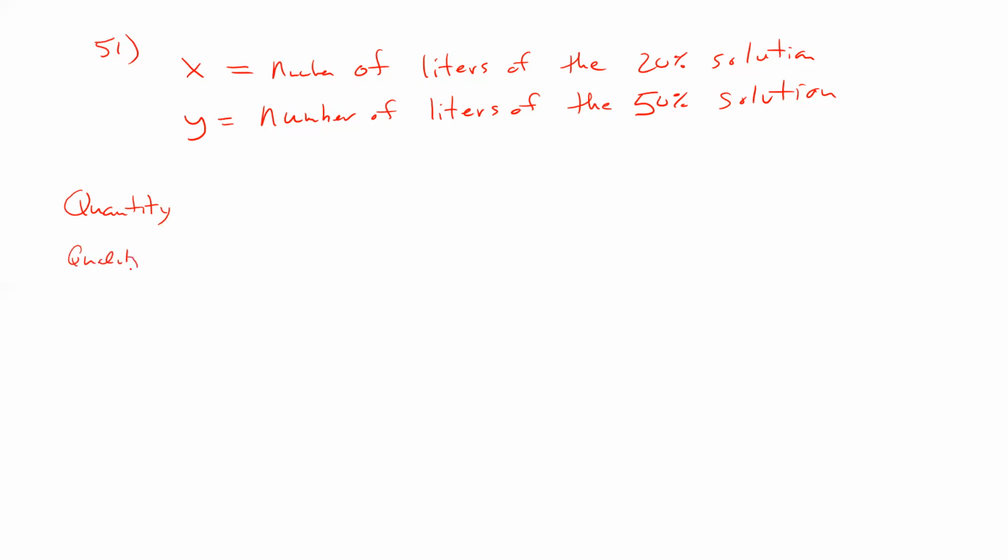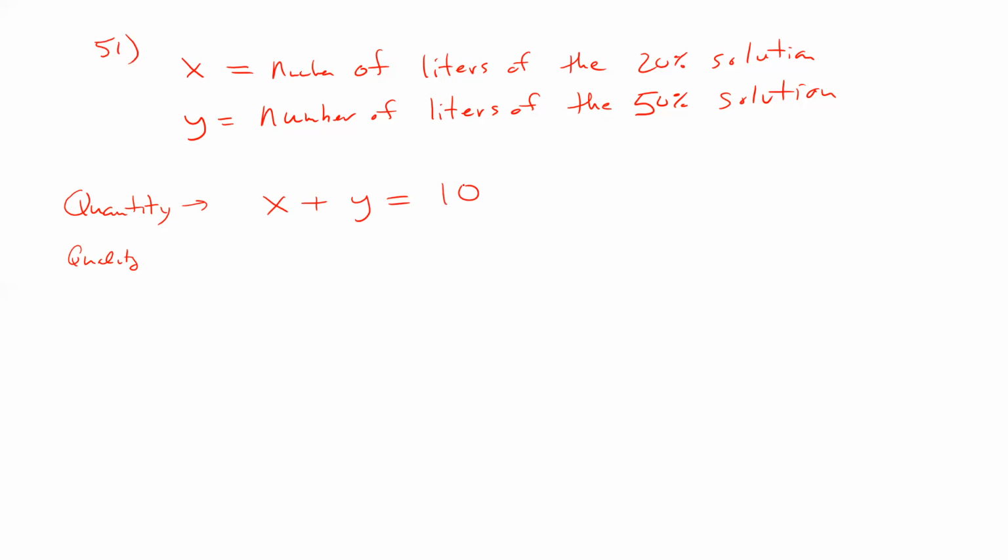How is the quality of it? So the quantity solution, how many liters do we want in total? 10. Yeah, the quantity solution is how many liters of the X plus how many liters of the Y gets us 10. So that just gives us the quantity across. That's the cool part. These are pretty easy to set up.